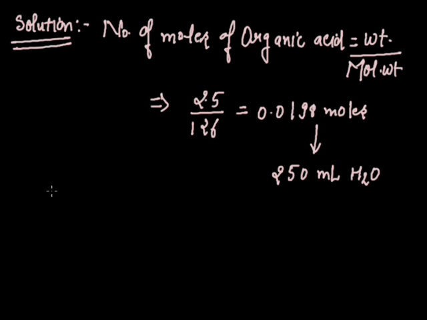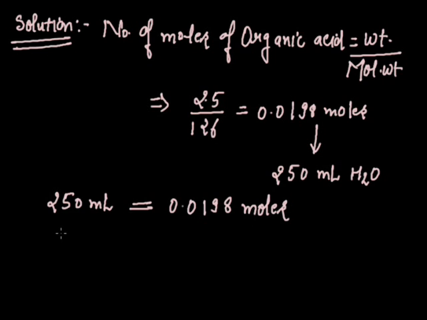So, we'll calculate the number of moles of the acid in 25 ml of the water, as 250 ml of the acid solution contains 0.0198 moles, whereas 25 ml of water contains X moles of organic acid.